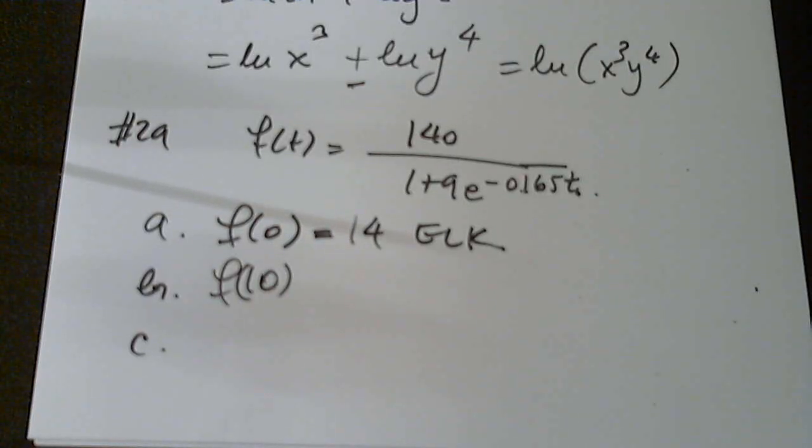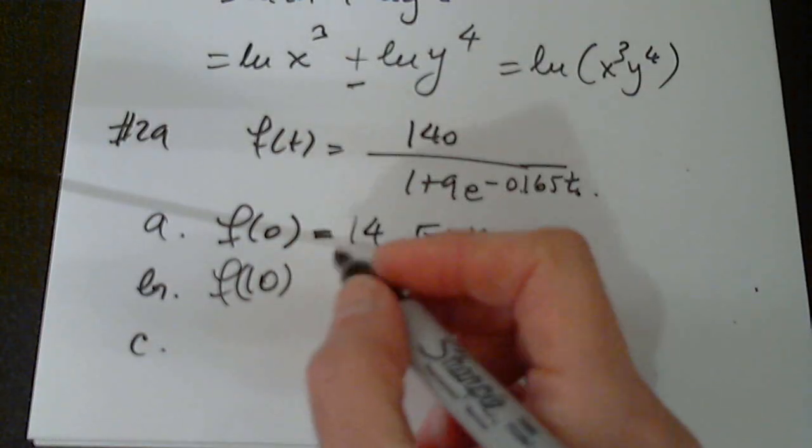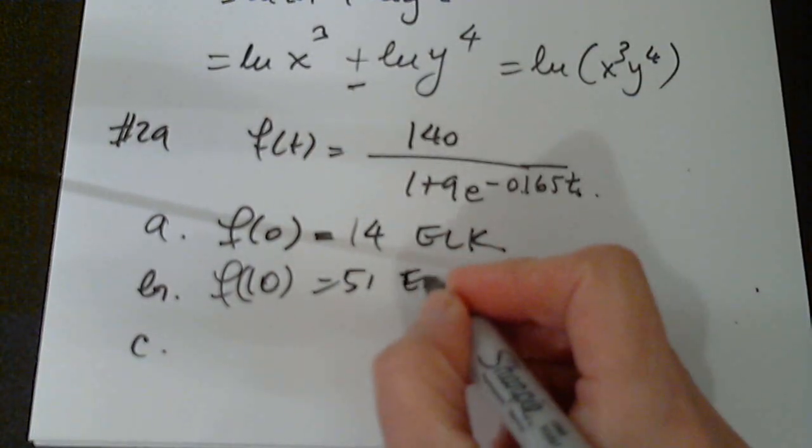Close the parenthesis for the power, come down and close the parenthesis for the denominator. And now, obviously, when I plug in 0, just for the sake of the argument, I get 14. And when I plug in 10 years, I get 51. I cannot round elk.